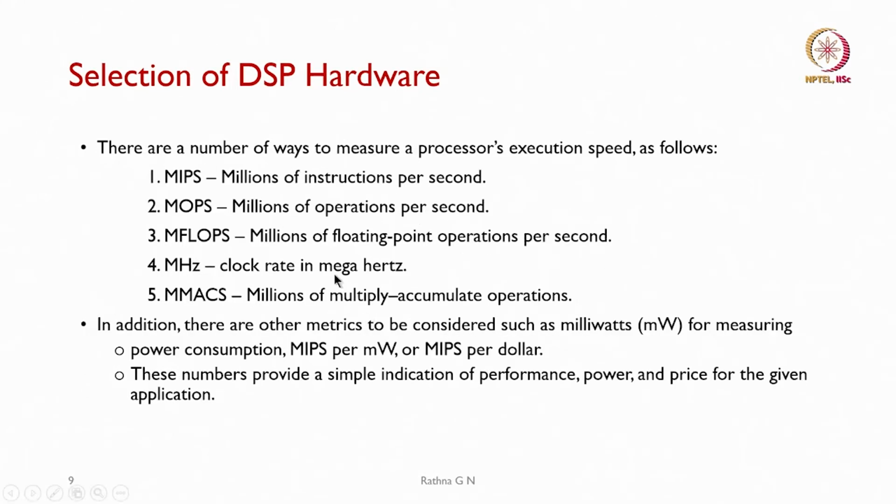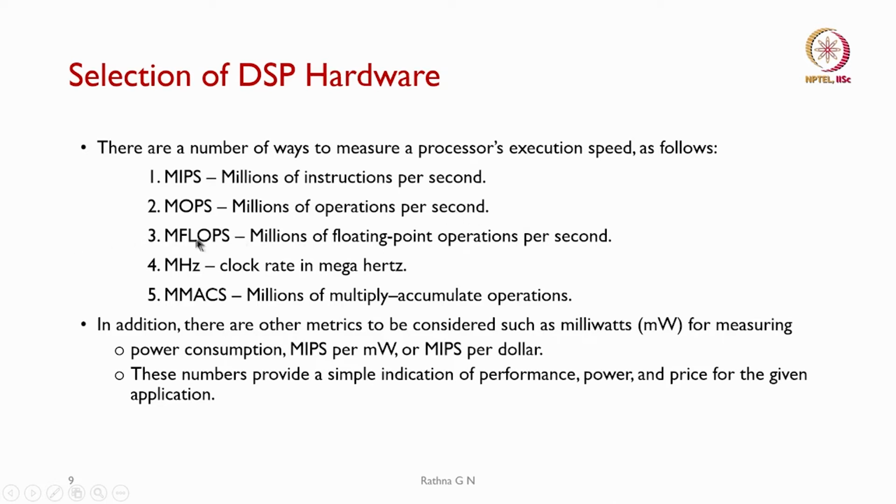Continuing with the hardware selection. So, some of the ways one processor execution speed is compared is as follows. So, usually we say it is MIPS, that is million of instructions per second, how much the processor is doing, or we say MOPS, it is millions of operations per second.